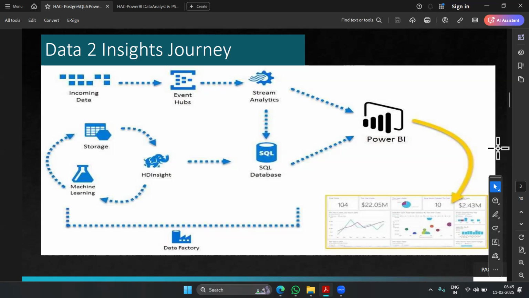But later, data warehousing concepts came, and they suggested how we can organize this data and use it for business growth, or rather for sustaining the business in the market.